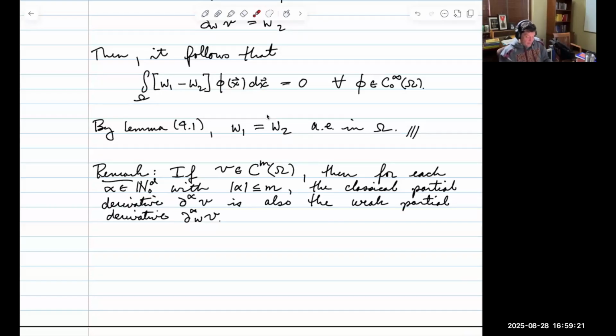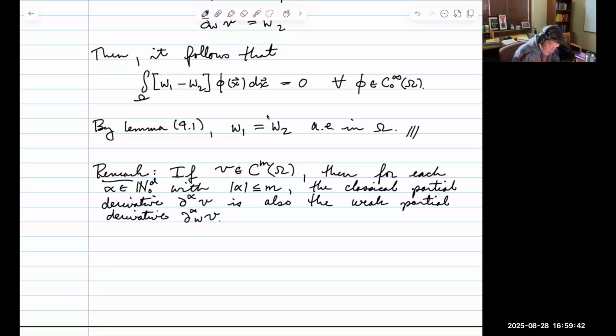If v is a C^m function, then for each multi-index where the multi-index order is less than or equal to m, the classical partial derivative is exactly equal to the weak partial derivative. That's because if I do standard integration by parts, then I get the same formula.